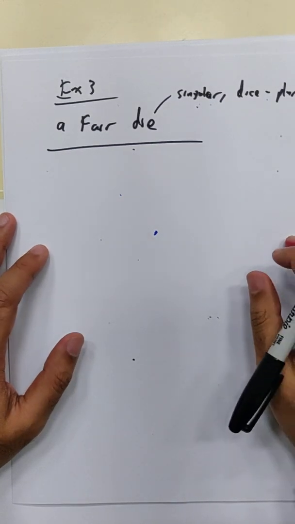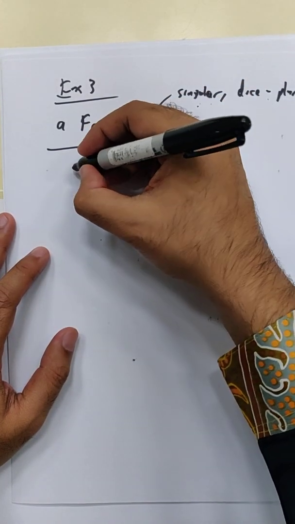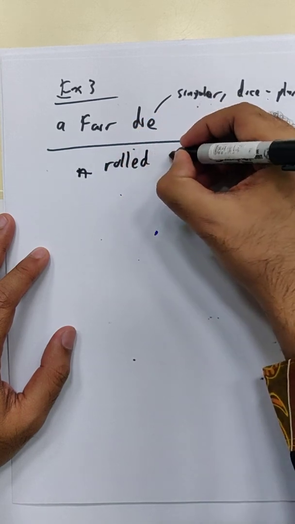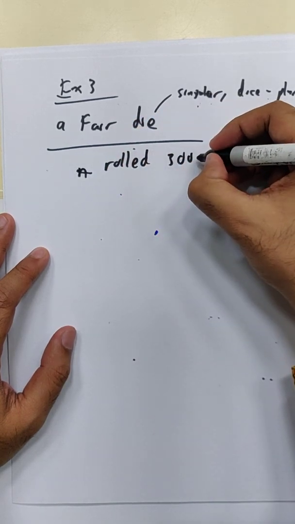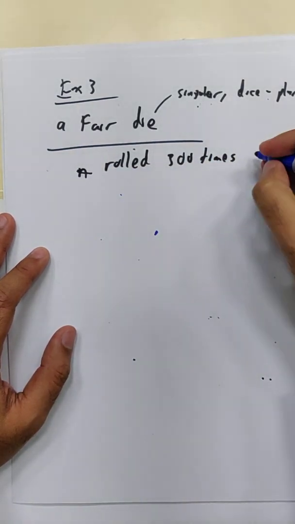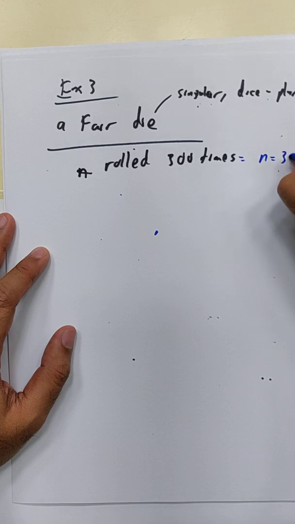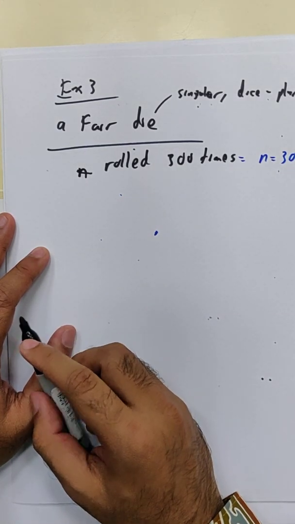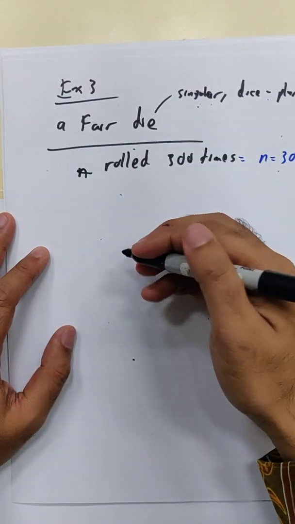Dadu in Malay language. A fair die is thrown, rolled 300 times. So this means what? N equals 300. Very good. And we want to observe the number 6.